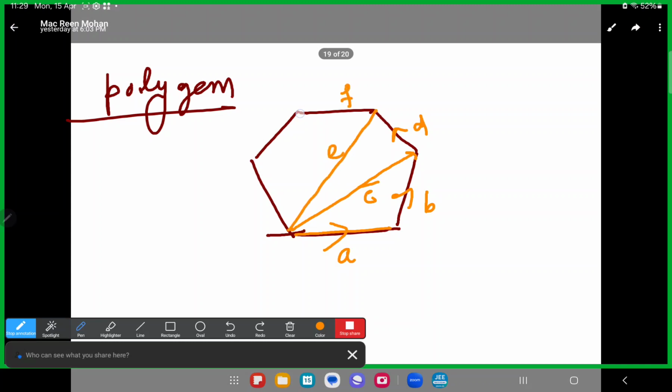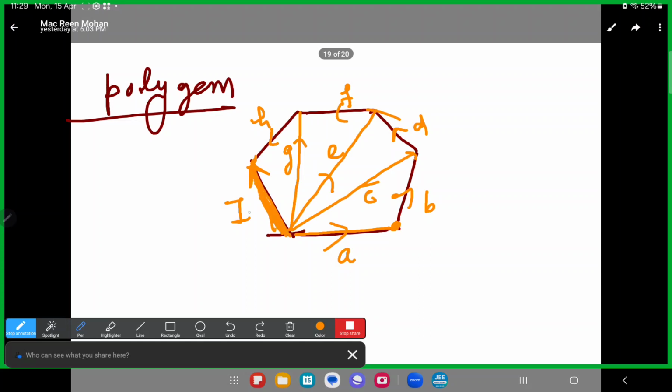E plus F will give me the G vector. G plus H will give me this vector I. So what we have seen is, if there are more than two sides, we use the parallelogram method to calculate the resultant.